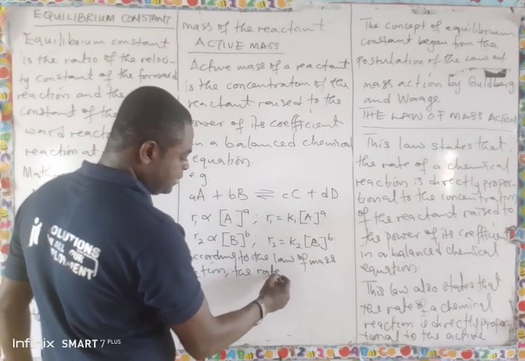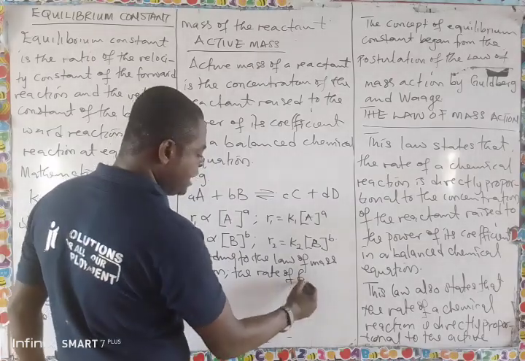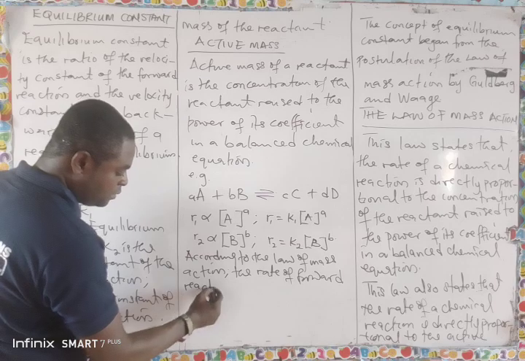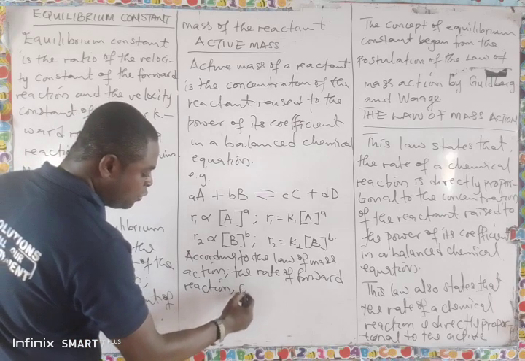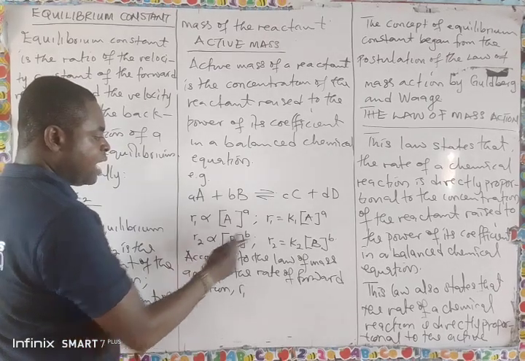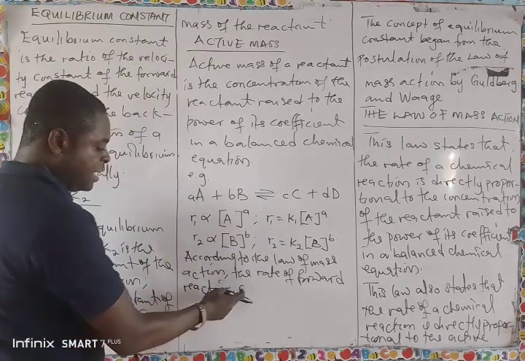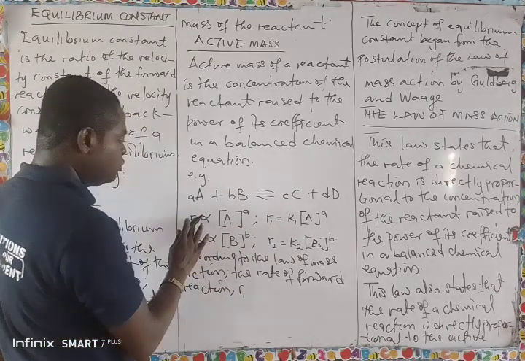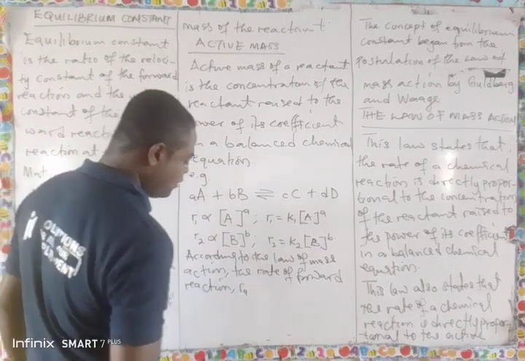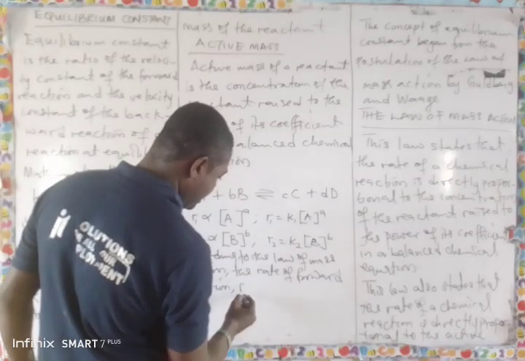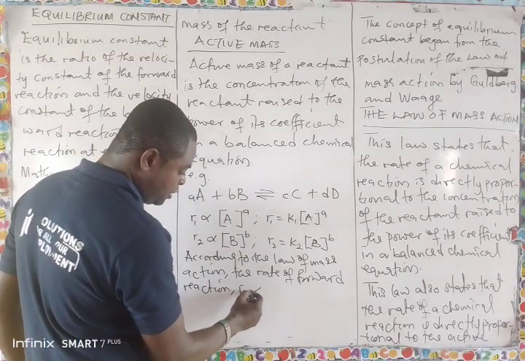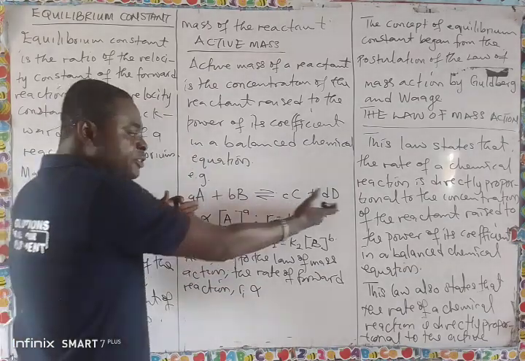The rate of forward reaction, let me call this R1, or let me call this one RA. The rate of the forward reaction, or R Roman figure 1, is proportional. You know, this is the forward reaction now.